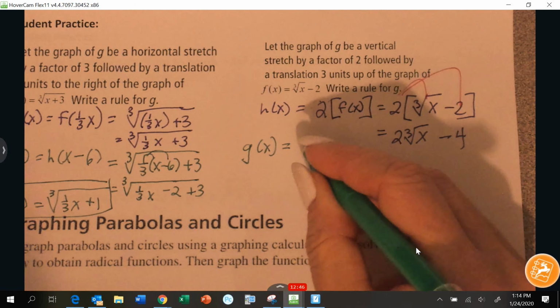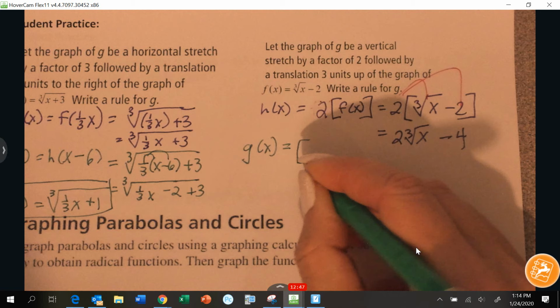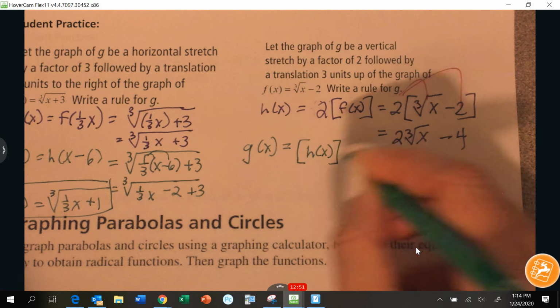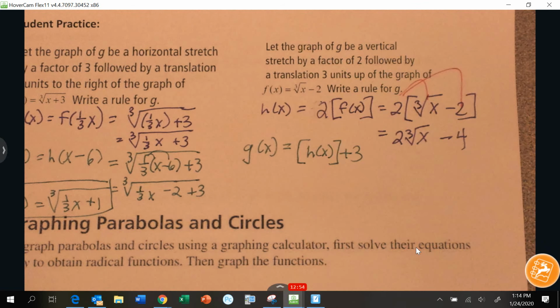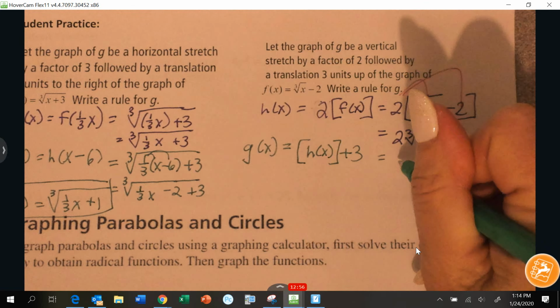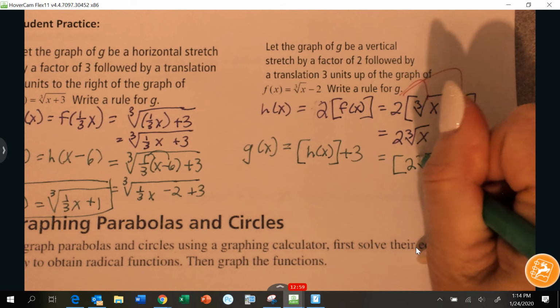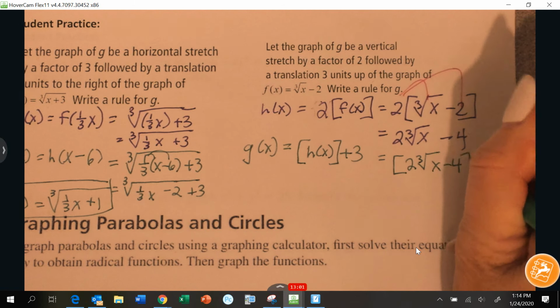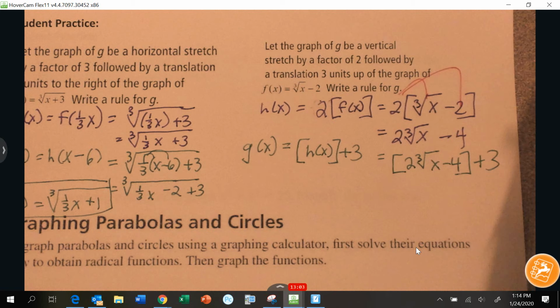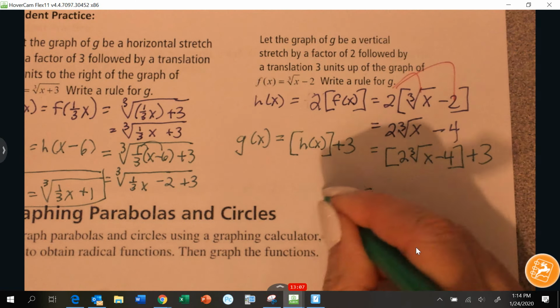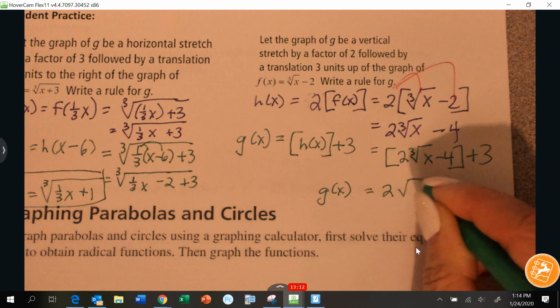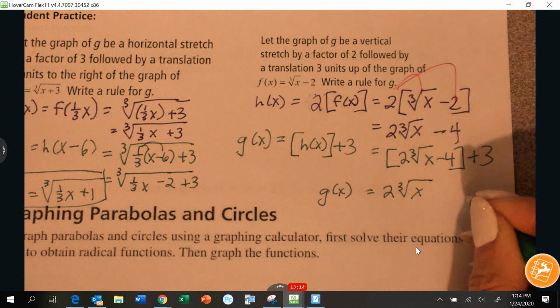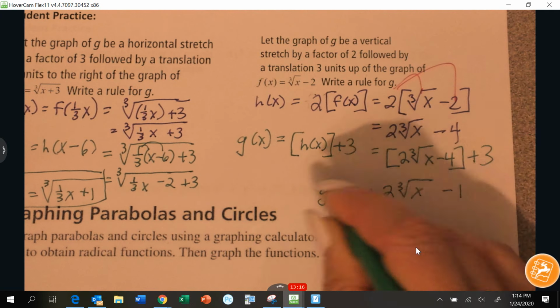So then I'm going to have brackets around my h of x, and then I'm going to put plus 3 on the outside. 2 cube root x minus 4, and then plus 3 on the outside of that.